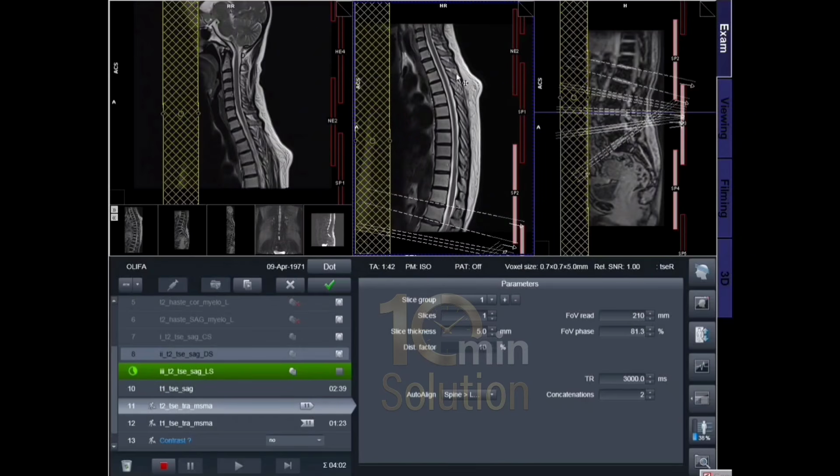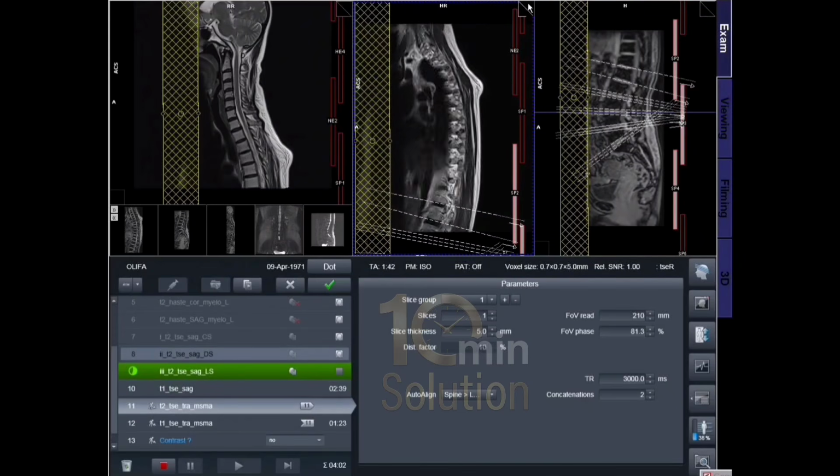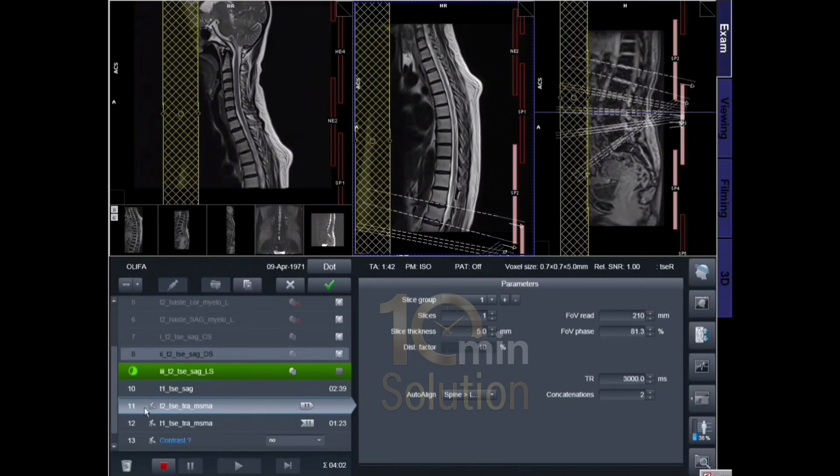And look at the image. This is the dorsal region sagittal image, T2 sagittal. Look here, there is the spinal cord. Now running T2 TSE sagittal LS, the lumbar spine protocol, showing the time.